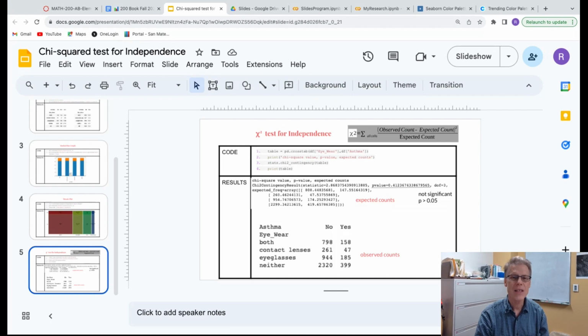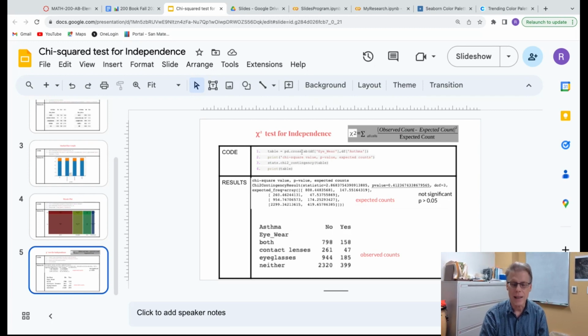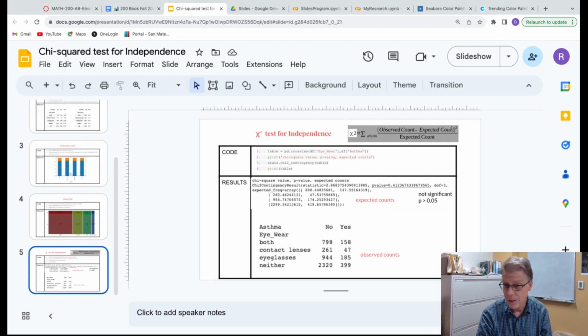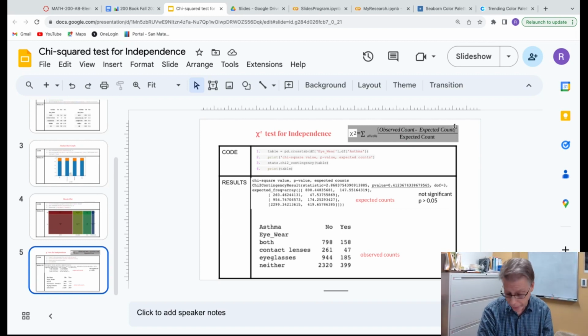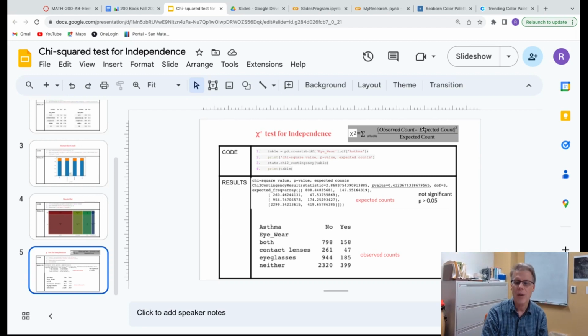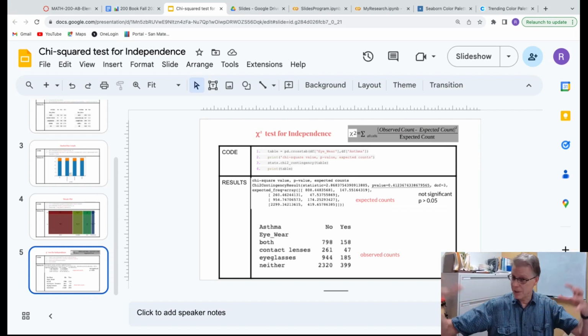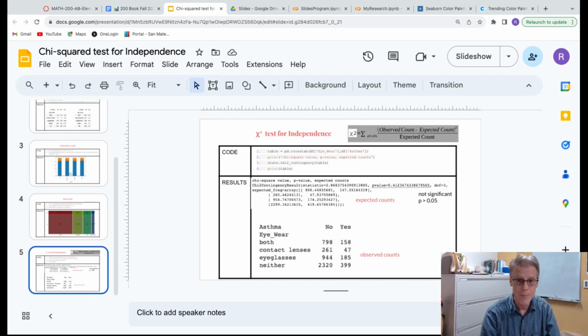And so the chi-squared test for independence, what it does is it takes these observed counts, subtracts off these corresponding expected counts. That's what this numerator up here is. It squares that difference so that you never get negatives. They could have taken an absolute value, but they didn't. They have to square it so that this always comes out positive, so that when you add them all up, it totals and gets bigger and bigger the more you add up.